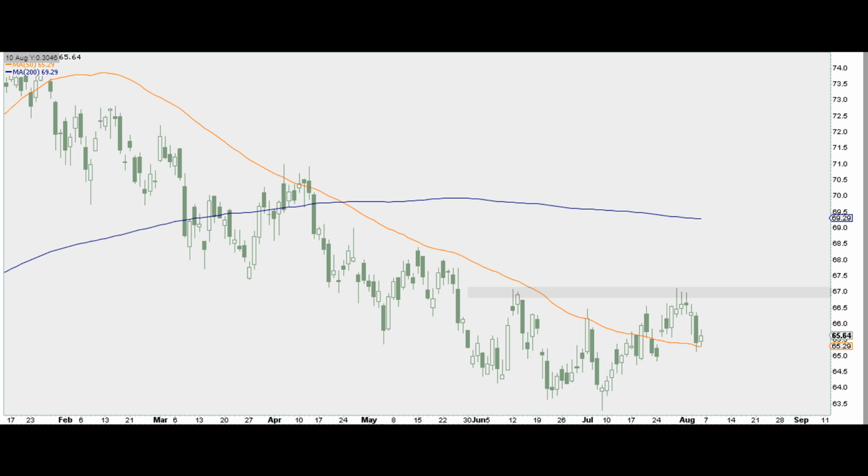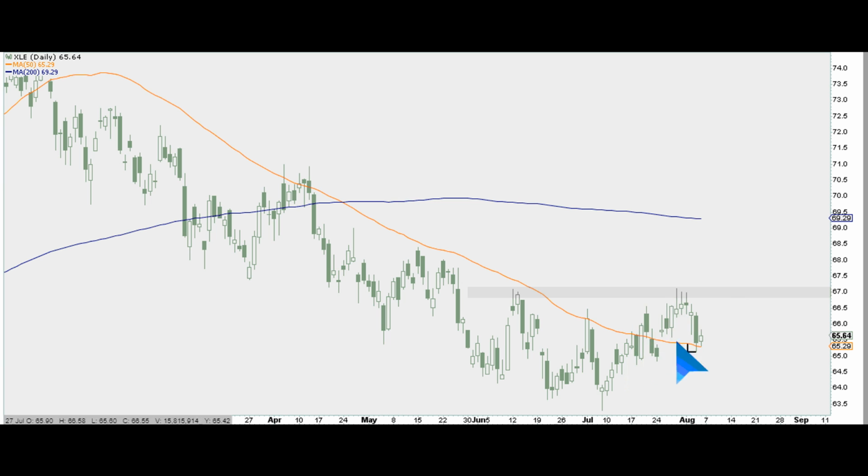And here's energy. We talked about this slice of the market last time as well. This is a perfect example of a series where orange is below blue, price keeps making lower lows, and that's just a perfect example of a downtrend and not something that needs to be in someone's portfolio.